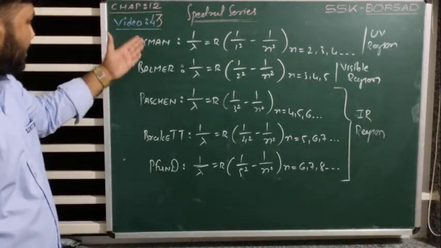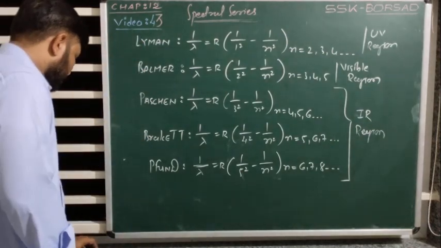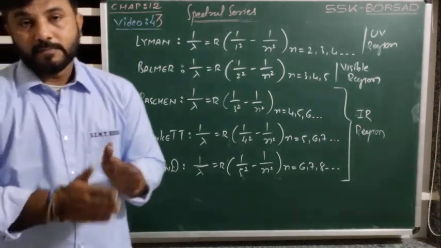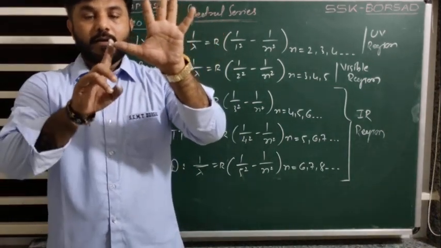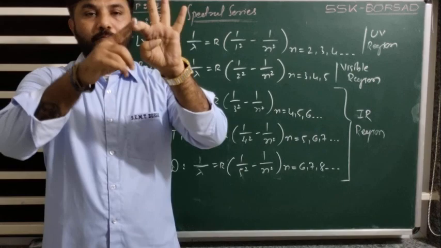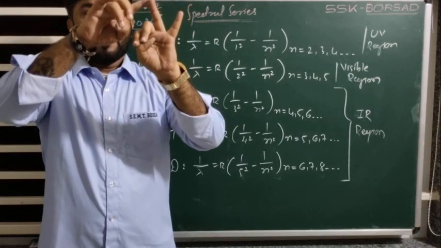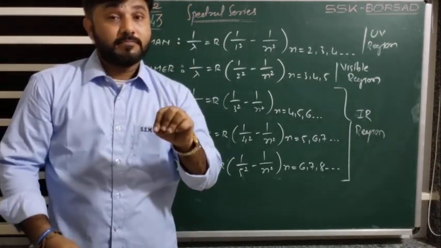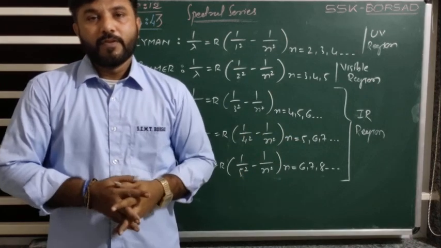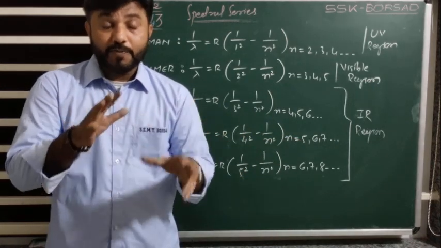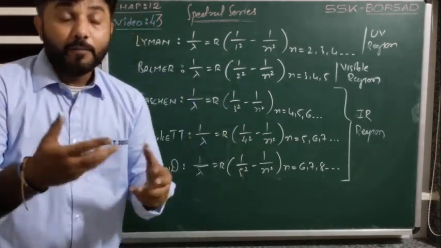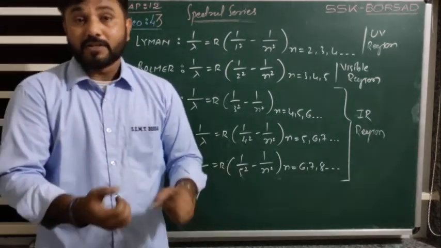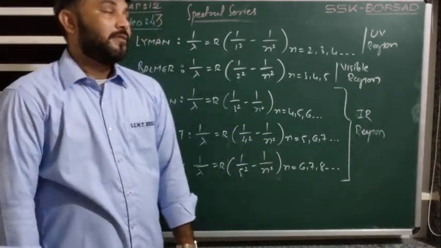Sir, how to remember this? So there is a technique. There are 5 series: Lie, Ba, Pa, Break, Fast. You don't have to speak that word in front of your father, like Papa breakfast, otherwise he will beat you.